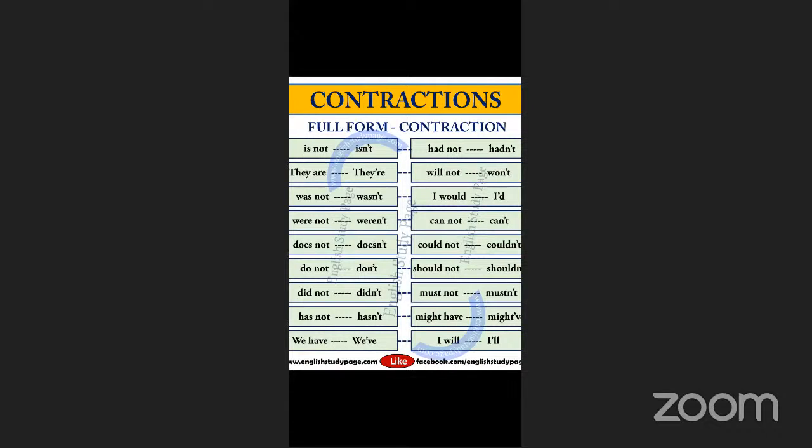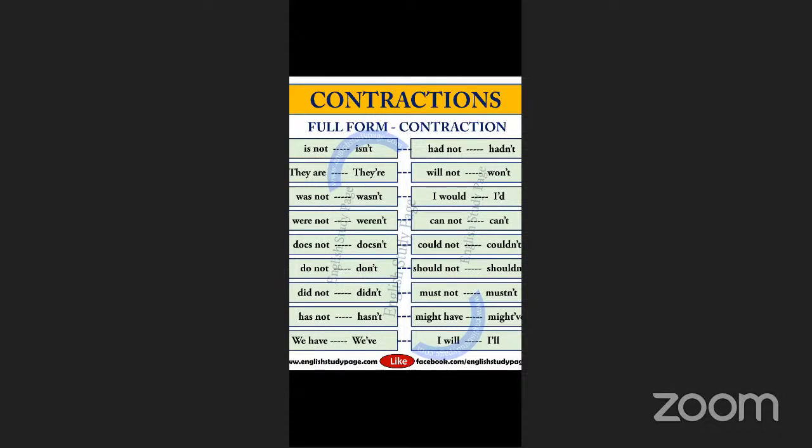Then on the other side, you have had not, hadn't, will not, won't, I would, I'd. Look at that. When you say I would, the shortened form is I'd. Four letters are omitted, taken out.